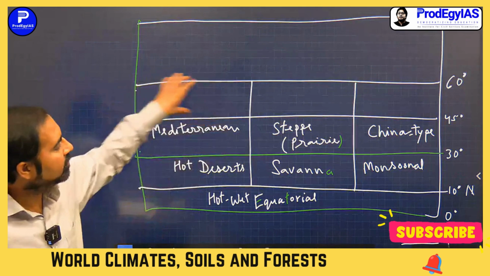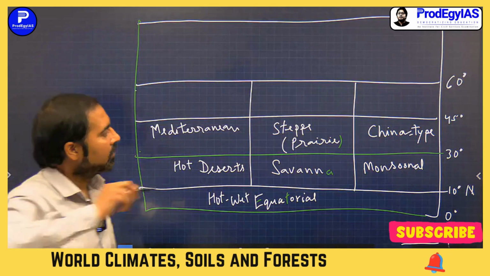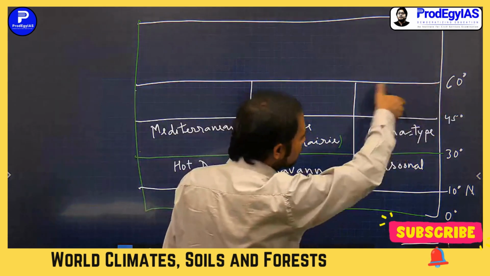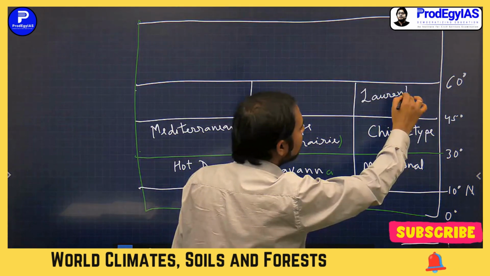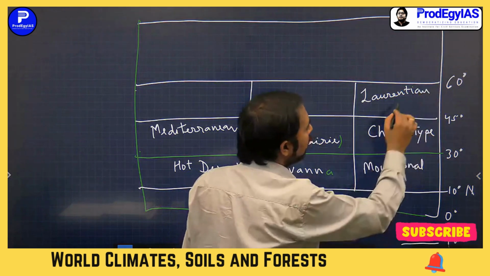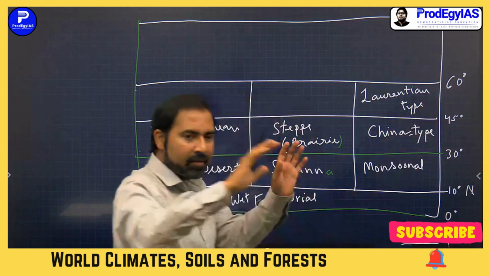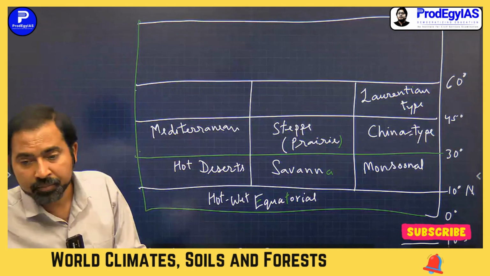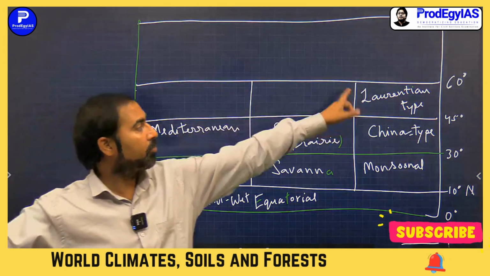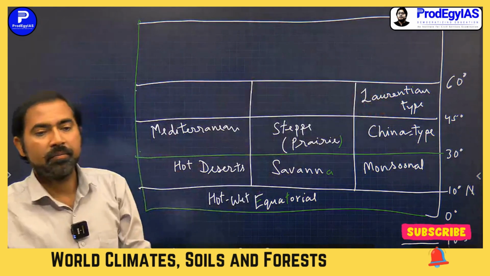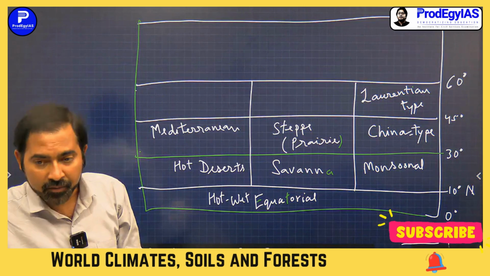Now come to this zone. On this side, in this particular zone, Laurentian type. It is called Laurentian type. There is a land, a segment of land in this part of North American continent. You know that land is known as Laurentia.